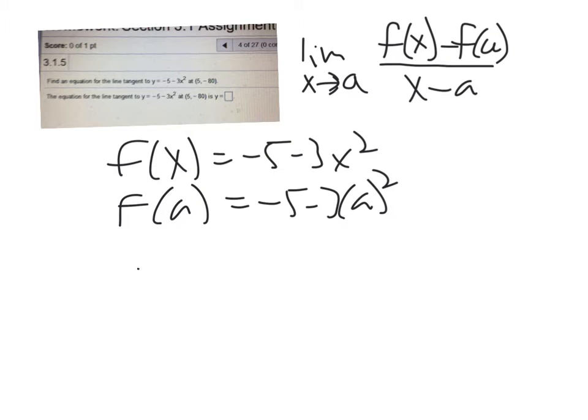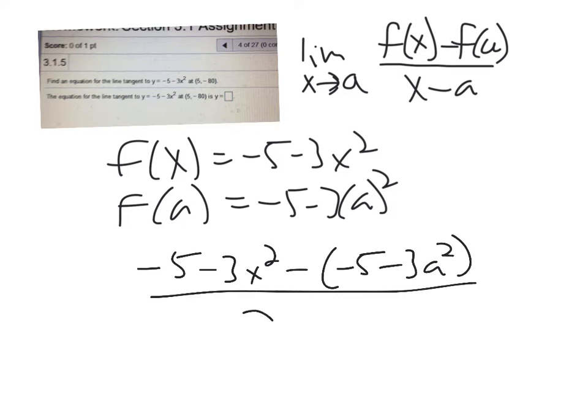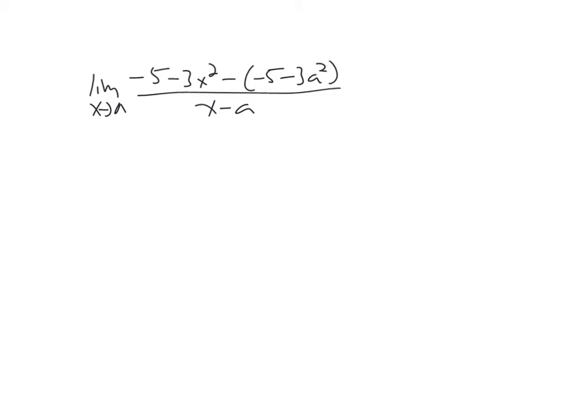So I've got negative 5 minus 3x squared minus, notice those parentheses, negative 5 minus 3a squared, all over x minus a. And of course I'm taking the limit as x approaches a. That's the initial setup. So now I've got to do some cleaning up.